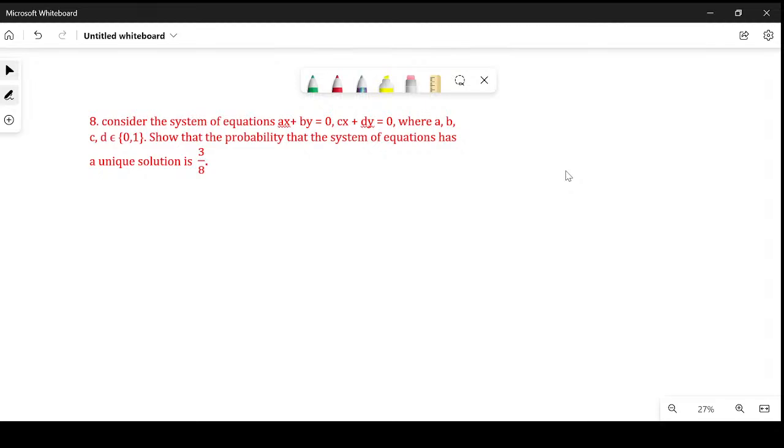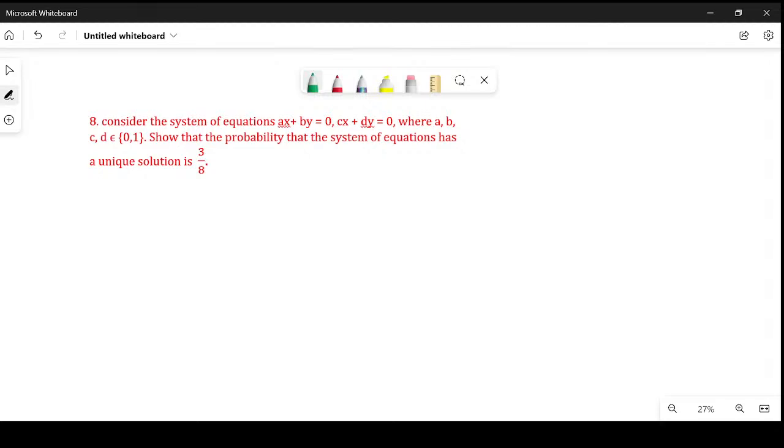That means they are given two equations, a system of equations, with A, B, C, D values either 0 or 1. Show that the probability that the system of equations has a unique solution is 3 by 8.